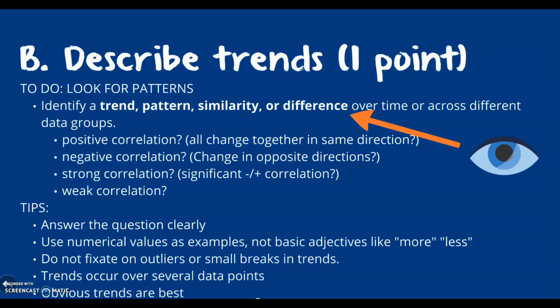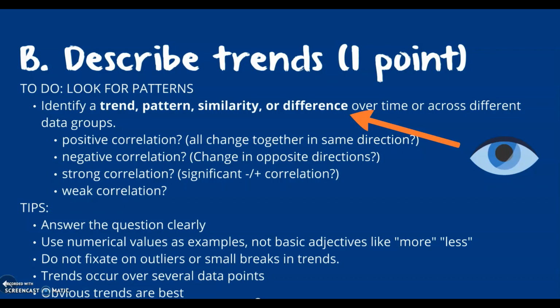Some things you might want to observe are, do we have positive correlations where both variables, the x and the y, if you're looking at a table or a chart, are moving in the same direction, or are they negative? Does one increase, does the other decrease? Does it seem like a really strong correlation where there's a really significant shift, or is it weak? Those are kinds of things that you could identify as trends.